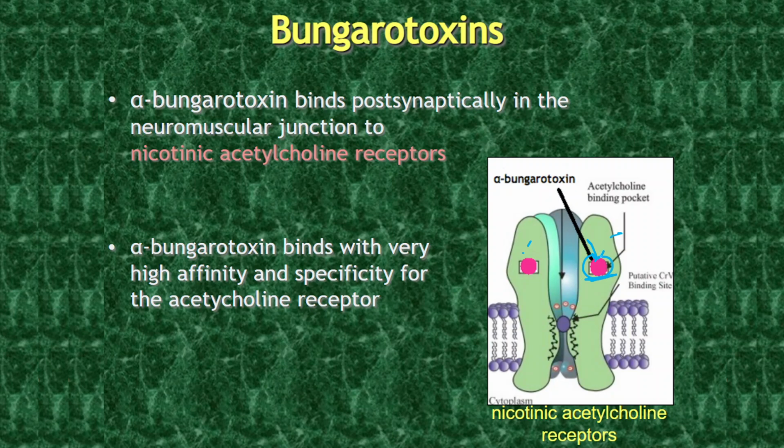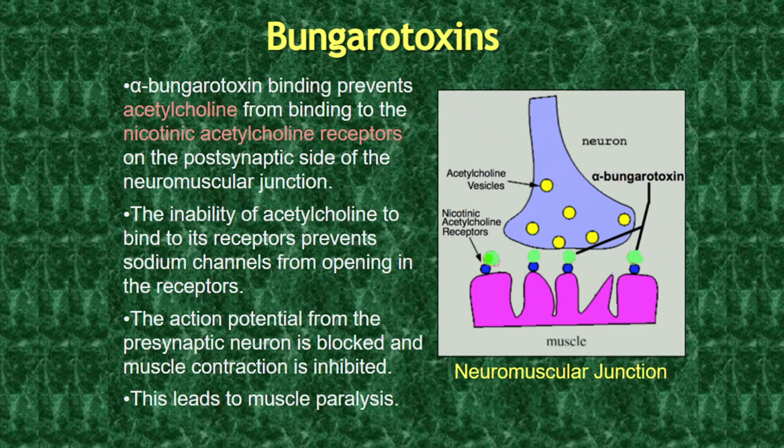And since it is binding irreversibly, even if there are a lot of acetylcholine molecules present outside, they will not be able to bind to the acetylcholine receptor. Again, this alpha bungarotoxin is binding to the acetylcholine receptor which is present at the NMJ.